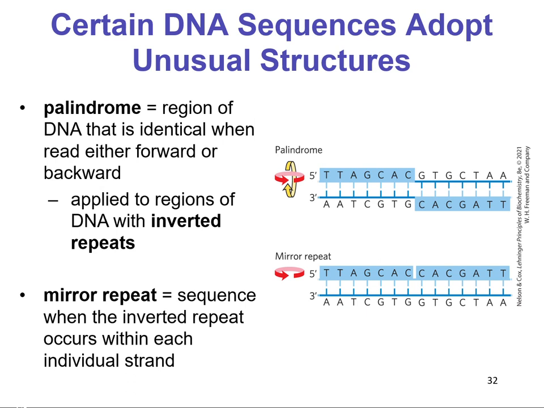There's some DNA sequences that adopt some strange structures. One particular region, we're looking at palindromes. So a palindrome is something that is the same whether it's read forward or backward. We have words that are like that. It's the same thing in DNA.